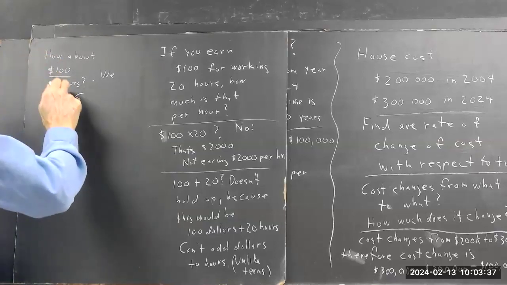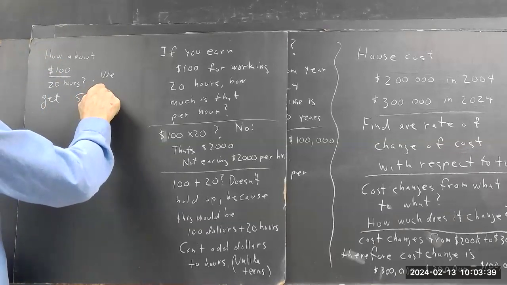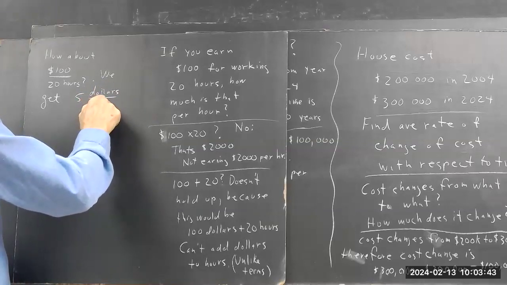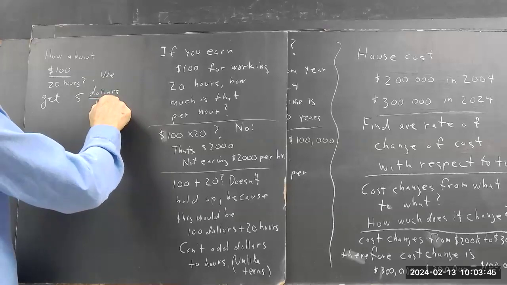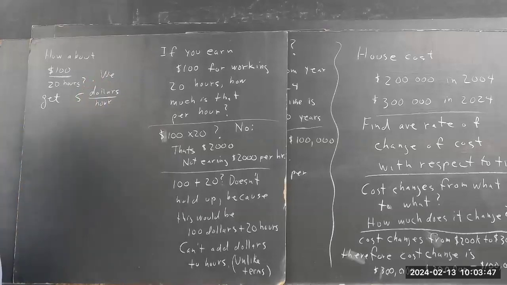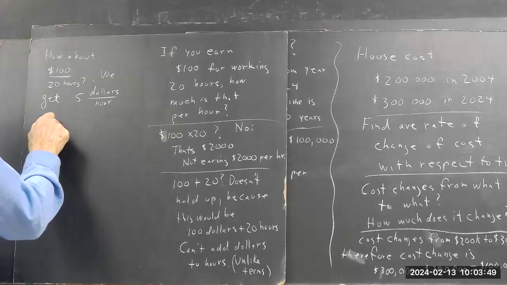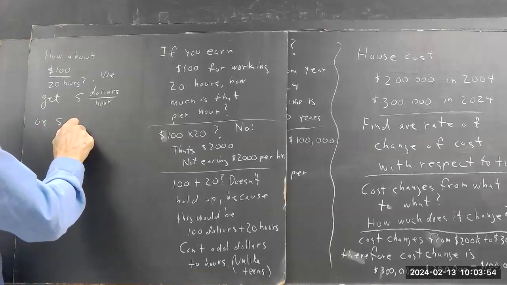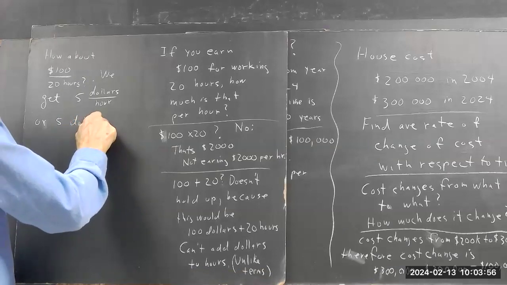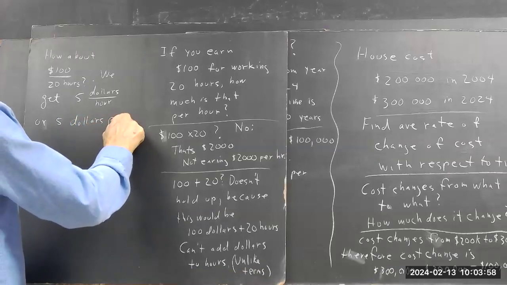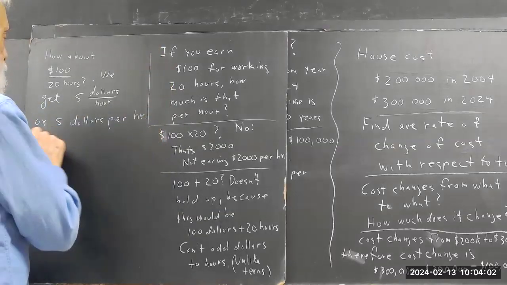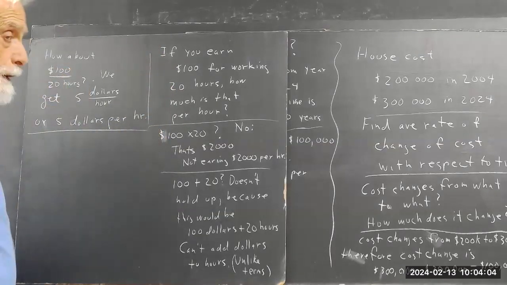So we're dividing dollars by hours, and we get dollars over hours, or 5 dollars per hour. This is the right calculation.